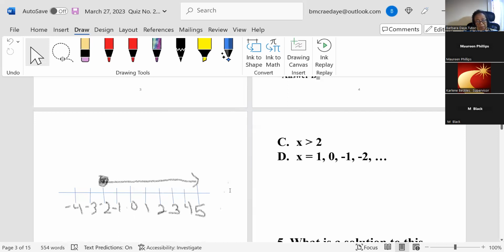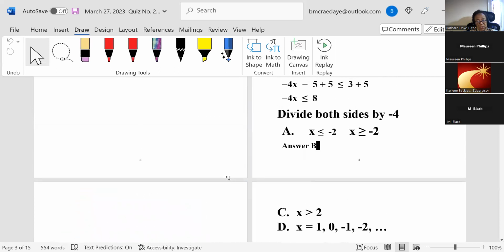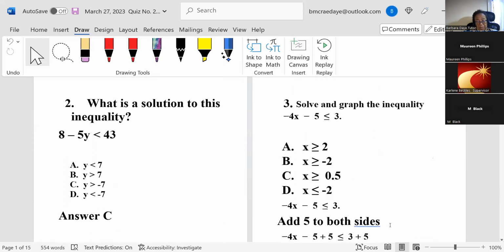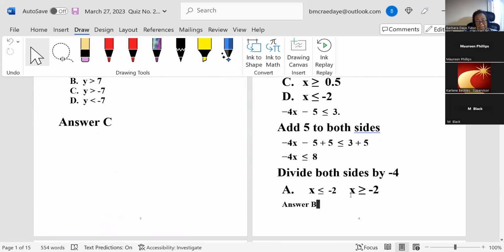What was the question again, Miss Barbara? The question says graph the inequality. So after you solve the inequality and you get X greater than, but see, if you left it as less than or equal, then Mercedes, of course, you'd go the other way.